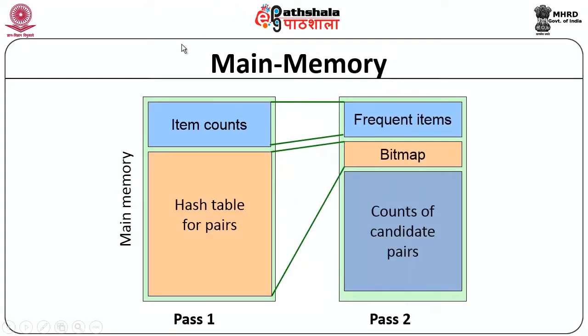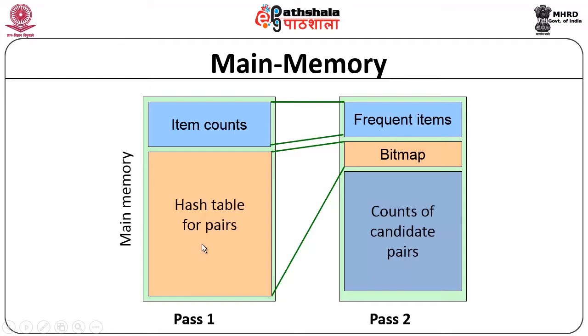So, if you revisit the same main memory using this approach, during pass 1 the memory that was underutilized or not at all utilized is now being used for constructing the hash table for every pair of frequent items. So, apart from the item counts that are generated, you are going to generate the frequent items. For these frequent items, you are going to have a bitmap, and this bitmap will be mapped with respect to the pairs of items from the hash table.